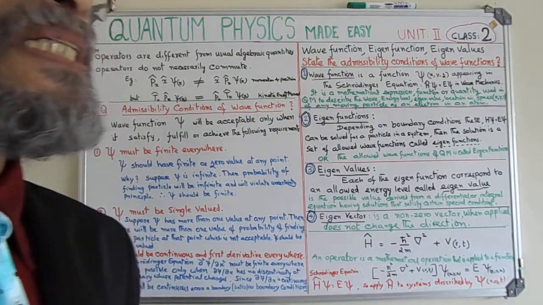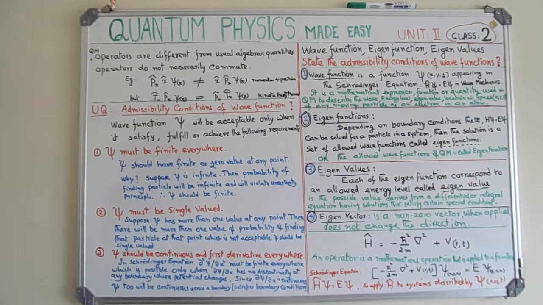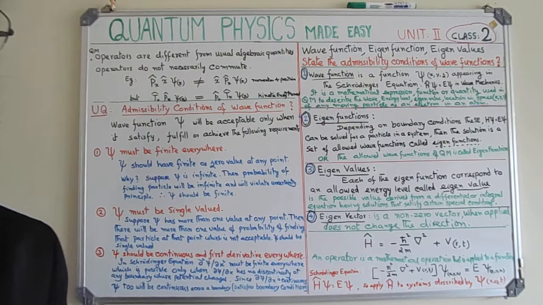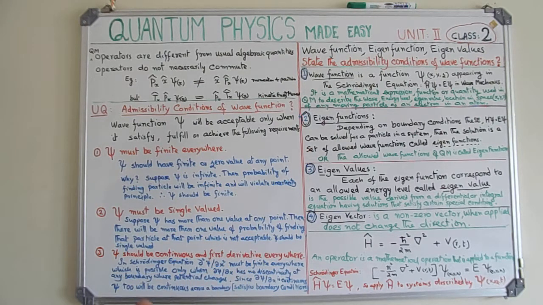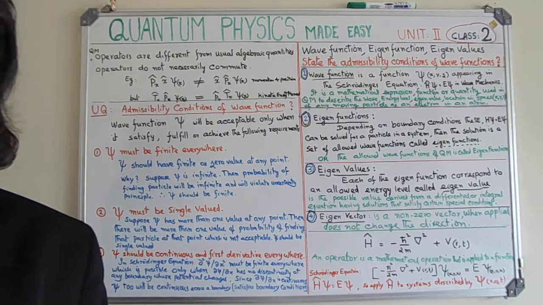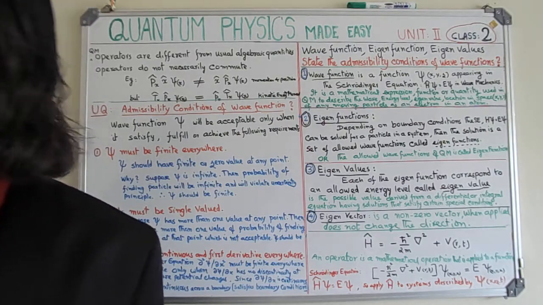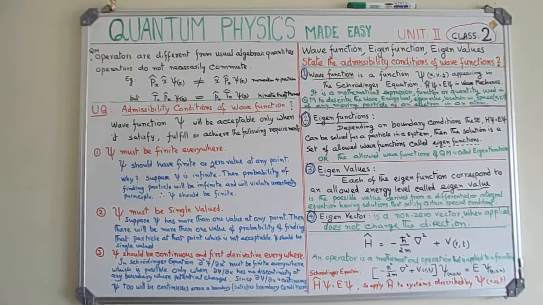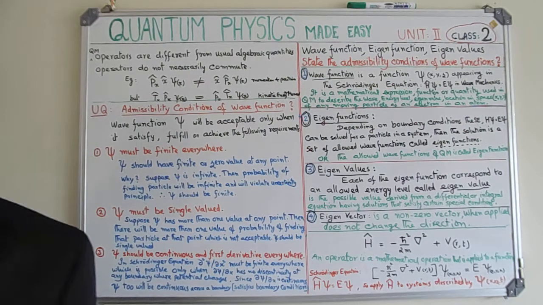Wave function itself does not have a physical significance, but the square of the wave function, or the modulus psi square, has special meaning. That is giving the probability of finding the particle in a confined area.